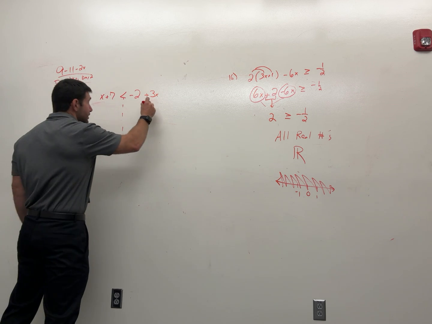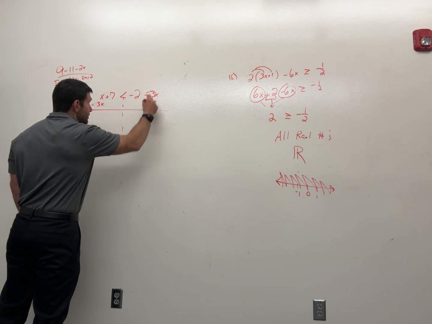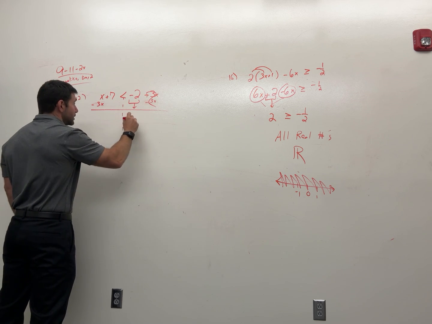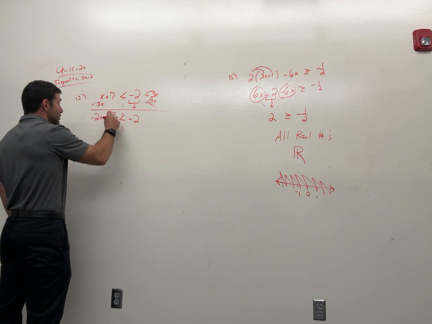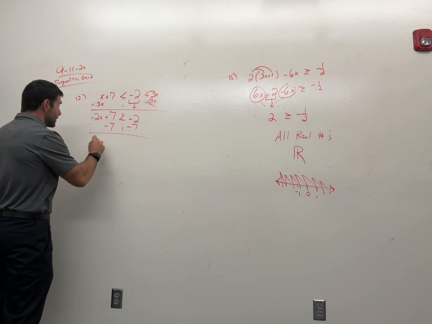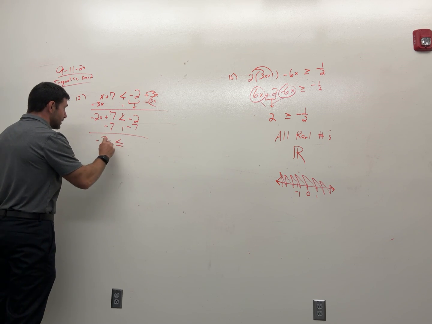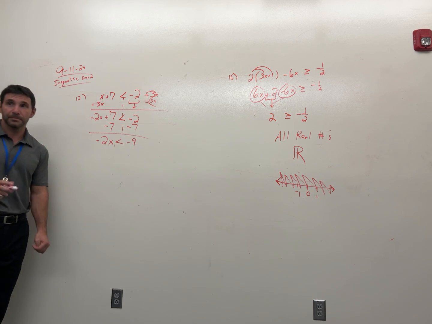So I'm going to subtract 3x. 3x minus 3x is 0. Negative 2 comes down, leaves me negative 2x plus 7. Subtract 7 from both sides. Negative 2x is less than negative 9. Still with me?